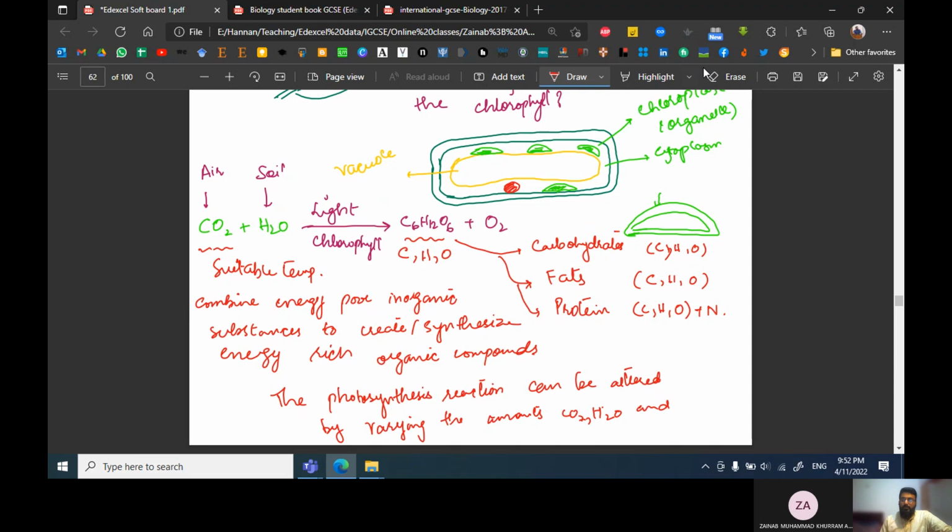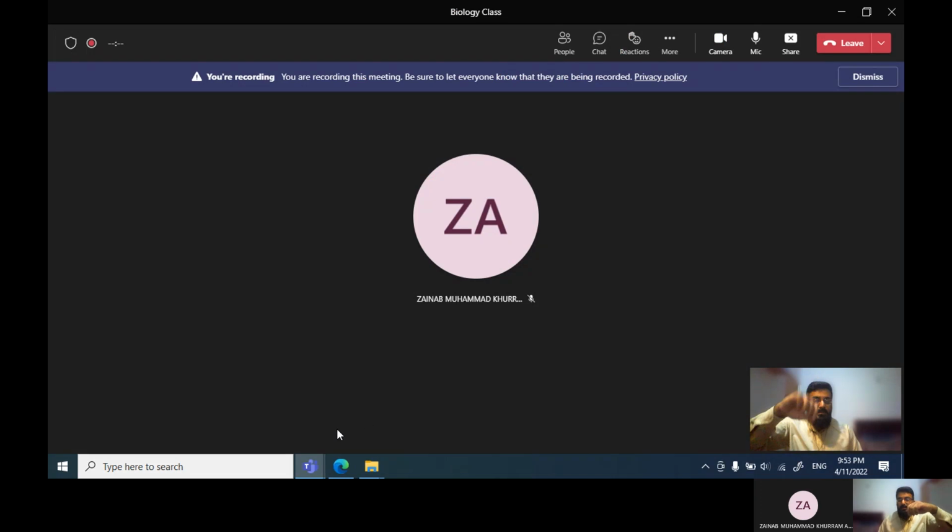Oh, sorry, not water. Although the water is included, we are not supposed to study the water according to our curriculum. Carbon dioxide, light, and temperature. All of these things must be supplied in the right amount for the proper level of photosynthesis in plants.